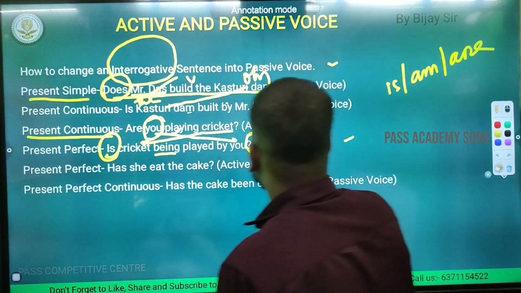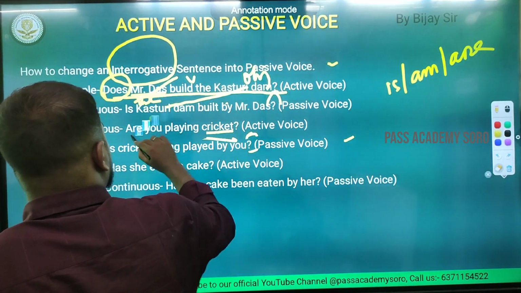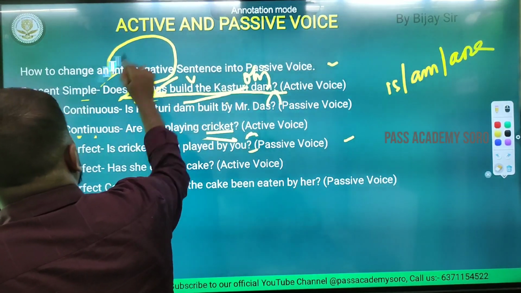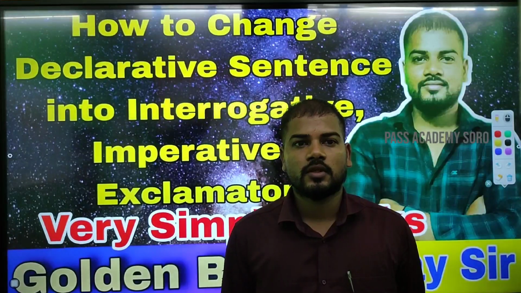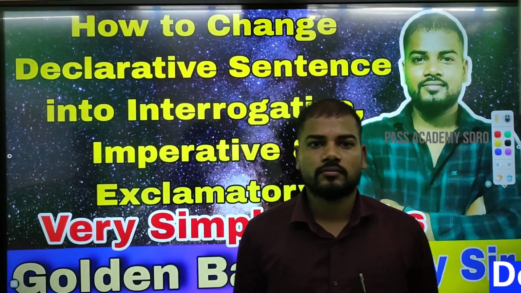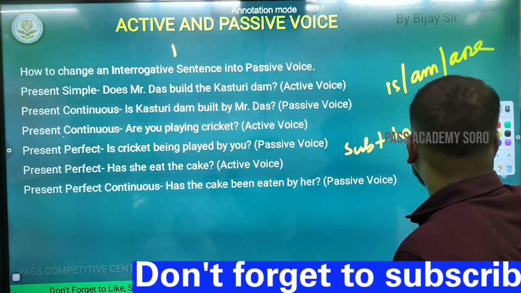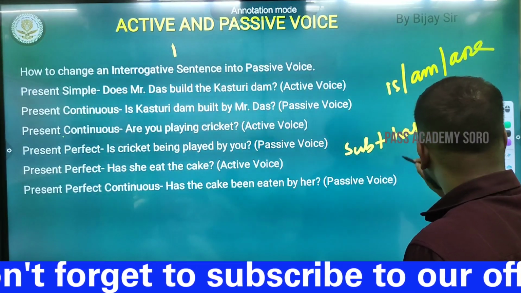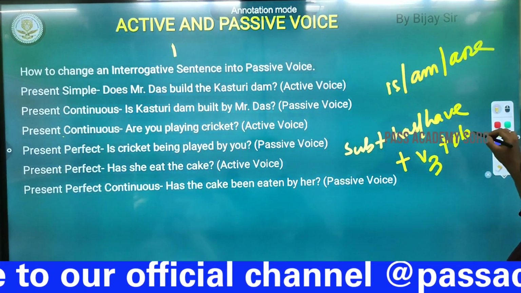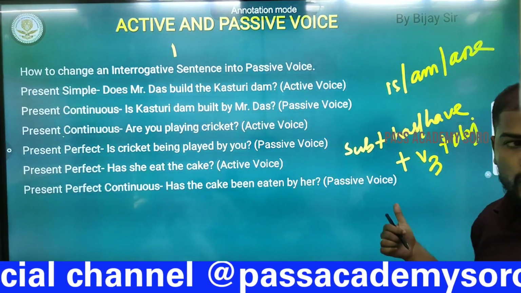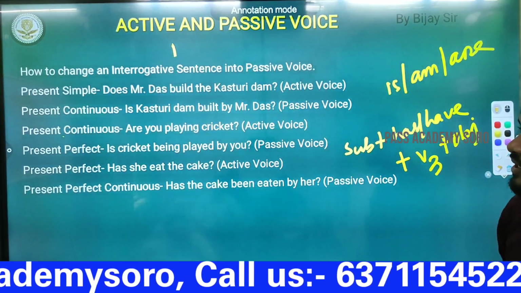Remember, dear student, the structure of a present perfect sentence is subject plus has or have plus V3 plus object, dear students. This is the structure of a present perfect sentence.